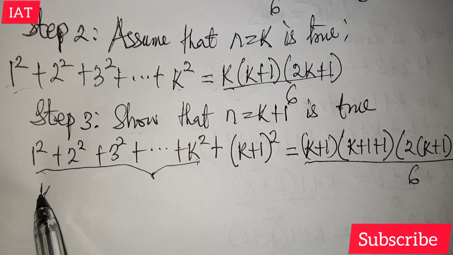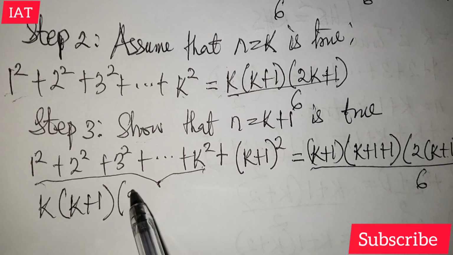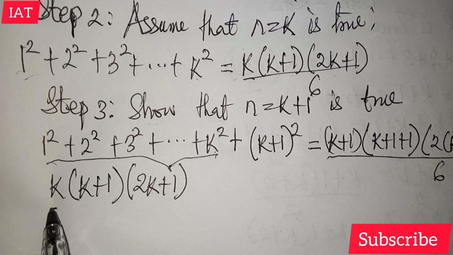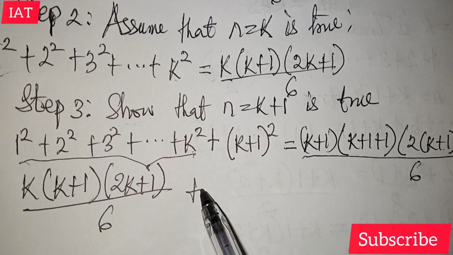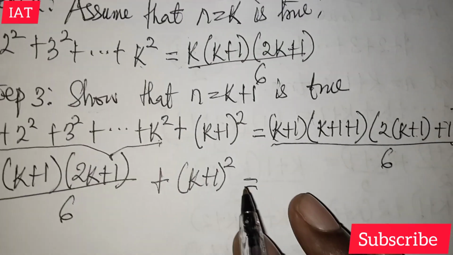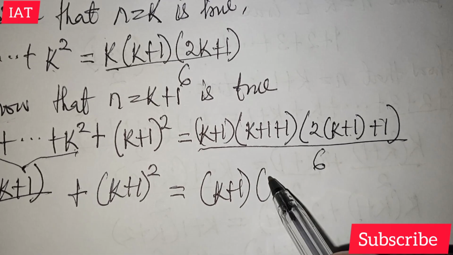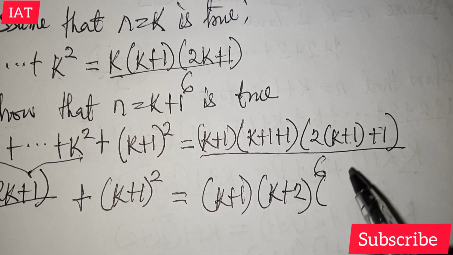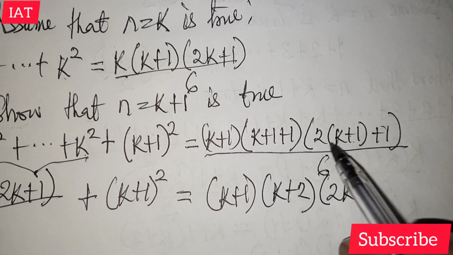So we have k into k plus 1 into 2k plus 1 all over 6, plus k plus 1 all squared, equals everything we're having here, which is k plus 1 into k plus 2 into, so here we have to expand this. 2 times k is 2k, 2 times 1 is 2.